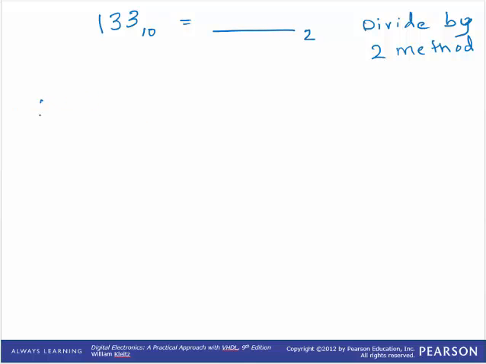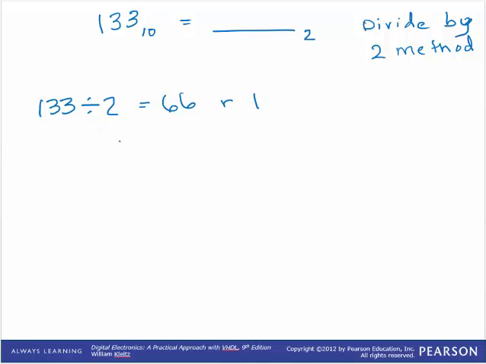So anyway, I say, what is 133 divided by 2? Why can't I do that in my head? So the answer is 66 with a remainder of 1.